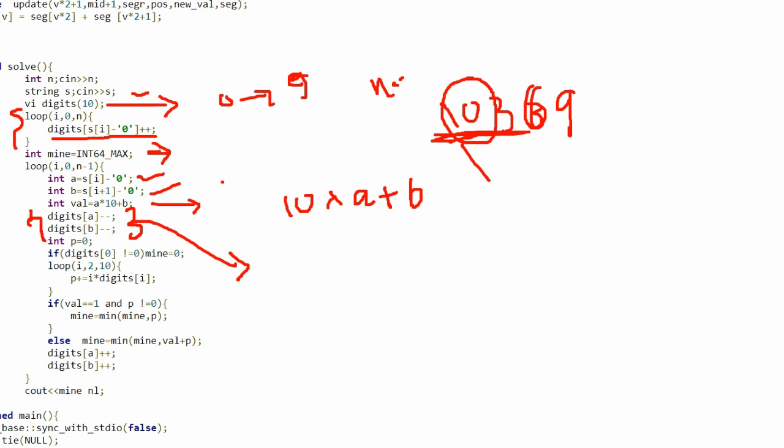So suppose there is also one case, this case corresponds to if a digit number 0 is present. What this tells is that there is a 0 present in the array, I mean the string.